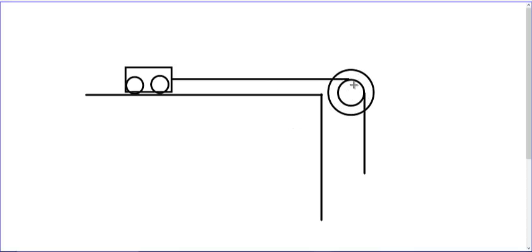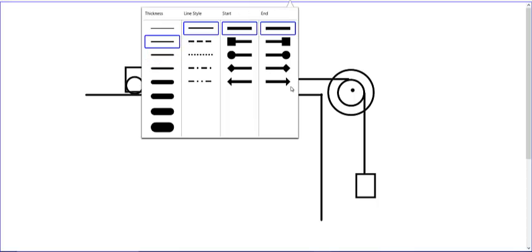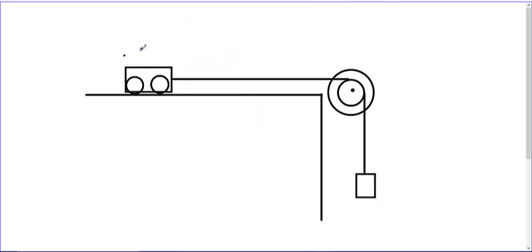The pulley is smaller, and it's connected physically to the disc. So that changes our calculations a little bit from what we did in class. Let's call this M1, the mass of the cart, which we can check.